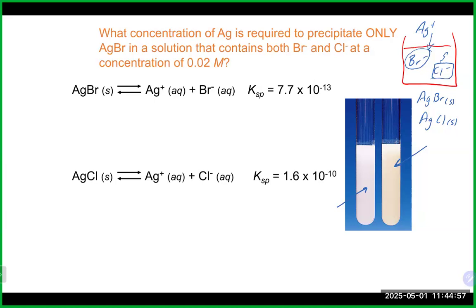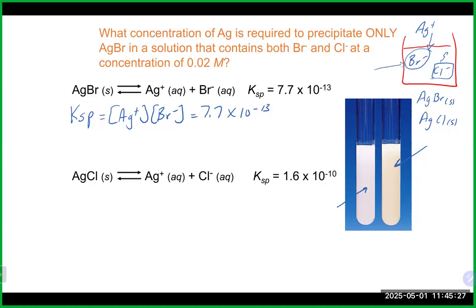We have our KSP for silver bromide at 7.7 times 10 to the minus 13, and our KSP for silver chloride of 1.6 times 10 to the minus 10. Those can be found on the table. The KSP expression for silver bromide would be the silver ion times the bromide ion, and that would equal 7.7 times 10 to the minus 13.